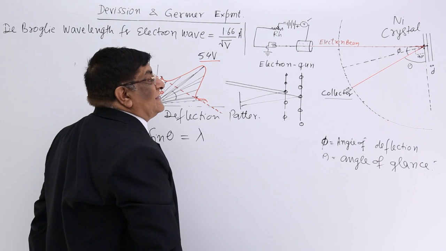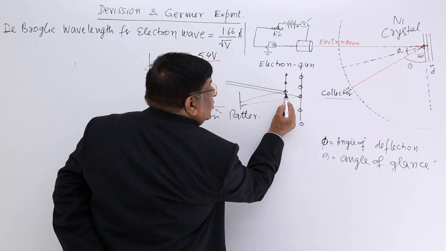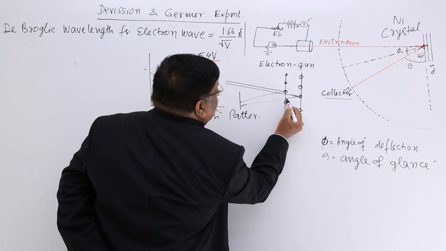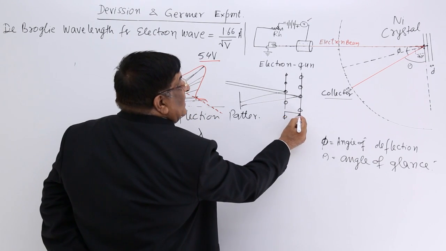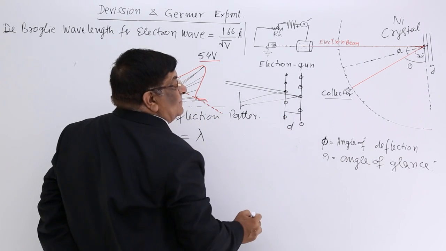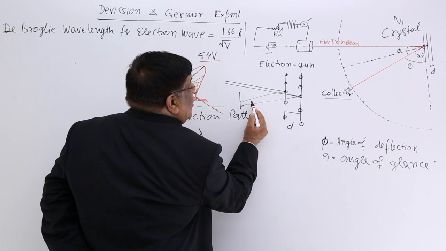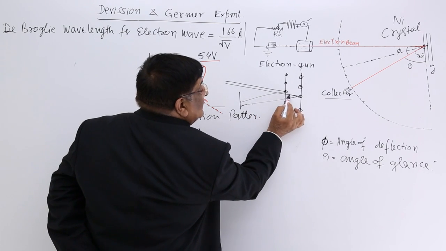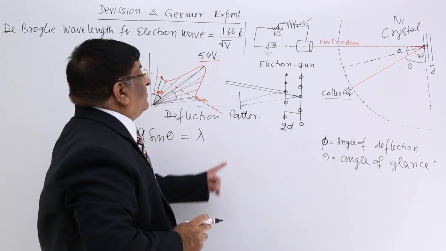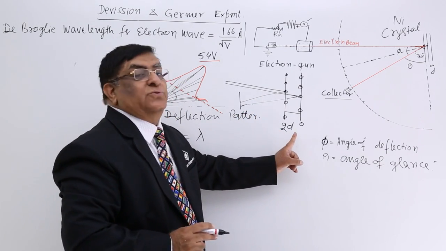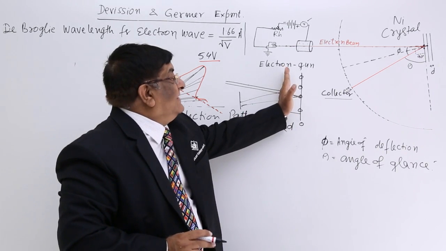How much longer path has it travelled? This one portion and this two portion, equal to these two distances. If this distance is d, then this is longer by d and d, 2d. So, what is the path difference between the two? 2d, if it is this way.